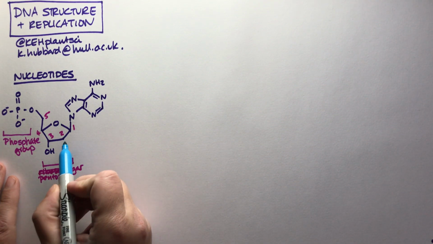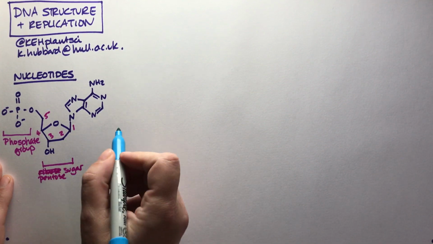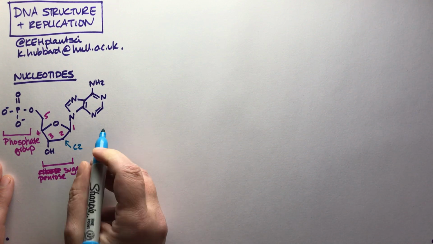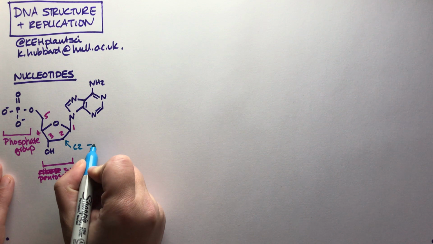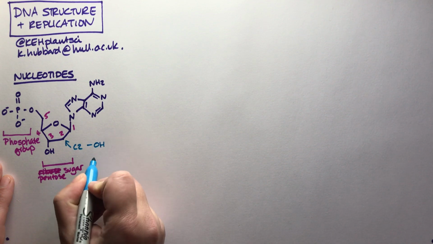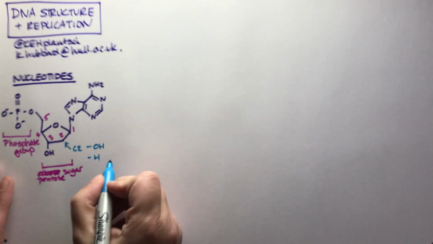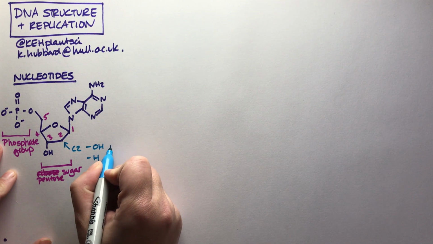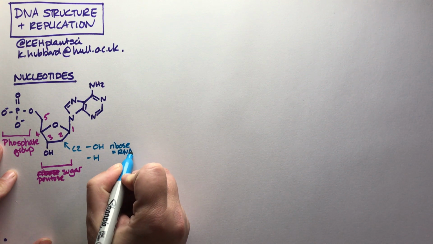So you'll notice I'm missing some chemical groups on carbon 2. Okay, so on carbon 2, you could either have an OH or you can just have an H. Okay, so if you've got an OH there, then you are a ribose sugar and you'll be an RNA molecule.